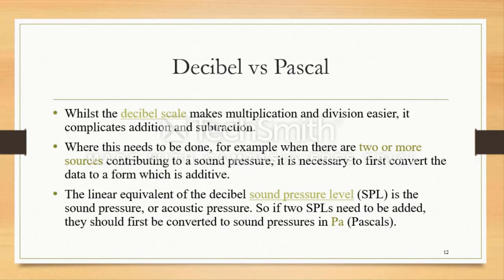The linear equivalent of a decibel sound pressure level, SPL for short, is the sound pressure or acoustic pressure. So if two SPLs need to be added, they should first be converted to sound pressure in pascals.